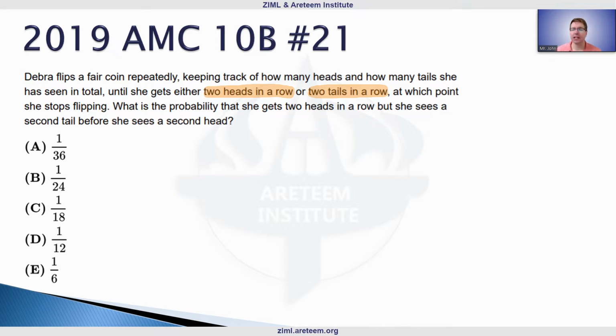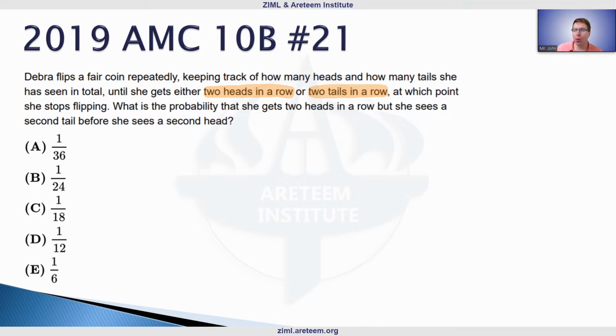So this right off the bat gets us to think about alternating, right? If you start with the heads, then if you get another heads, you're done. If you start with the tails and then get another tails, you're done. So anytime you get heads, unless you're finishing, you're getting a tails. So we have this alternating scenario until we stop.